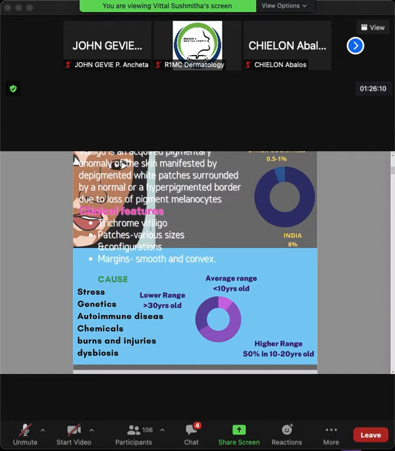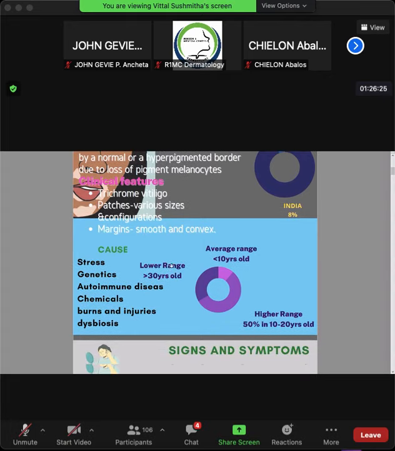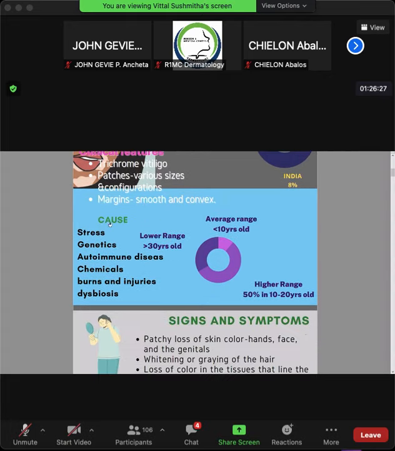Rarely, the patches may have red inflammatory borders. These patches vary in size and configuration, but the margins are usually smooth and convex. The causes of vitiligo may be stress, genetics, autoimmune diseases, chemicals, sunburns, injuries, and dysbiosis.